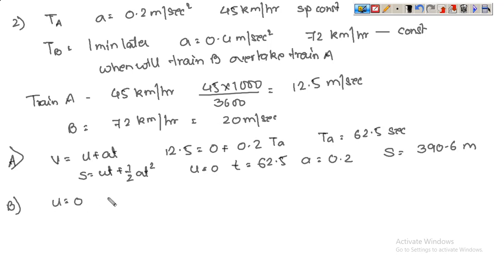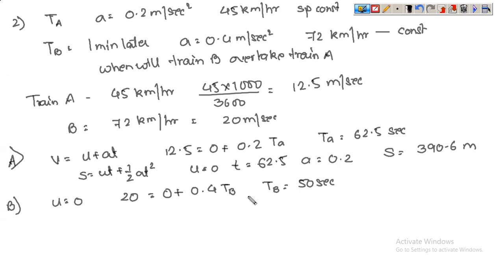Now if you similarly take the instance for train B, here also it starts from 0. It accelerates till it achieves a constant velocity of 20 meters per second. So this is 0 plus 0.4 into tB. From here you get tB is equal to 50 seconds.